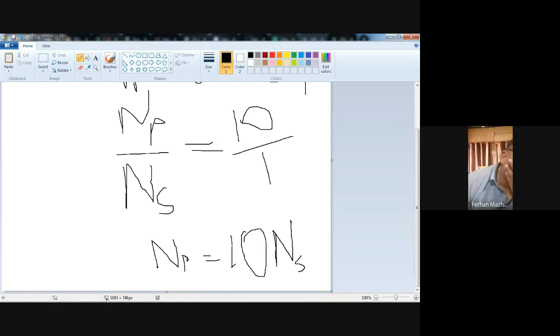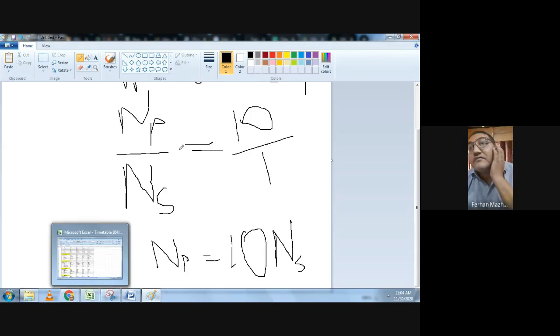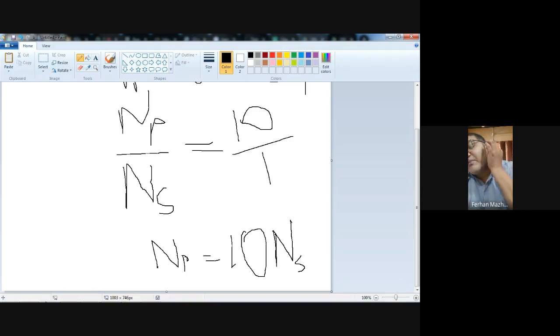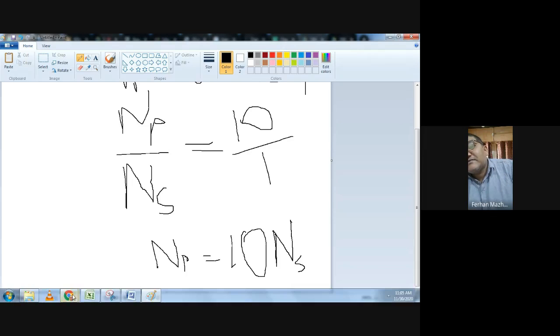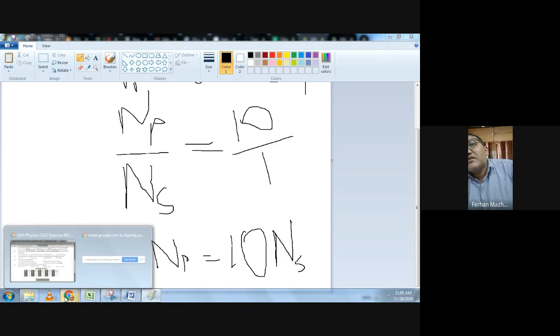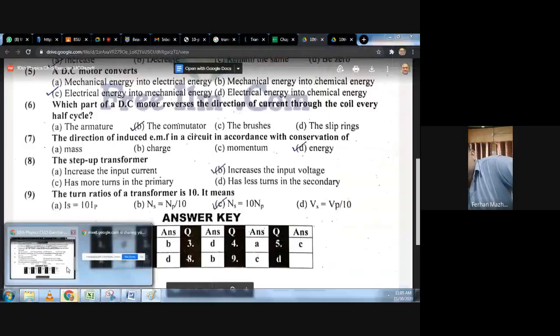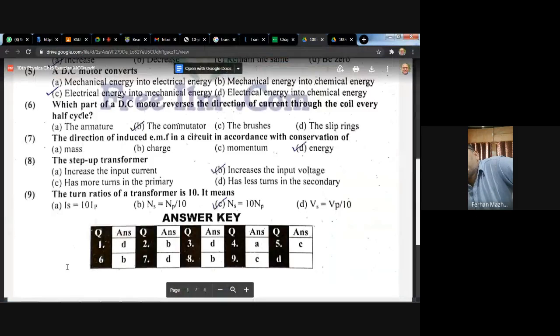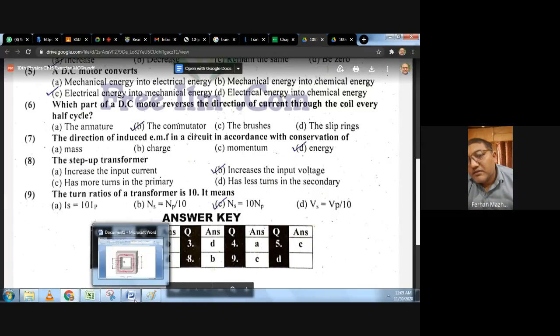Let's check what answer we have. What are the options? NP is equal to 10 NS. Do we have this option? If I make NS alone, let's see what happens.